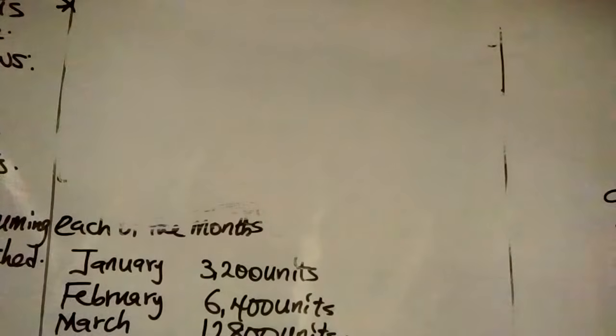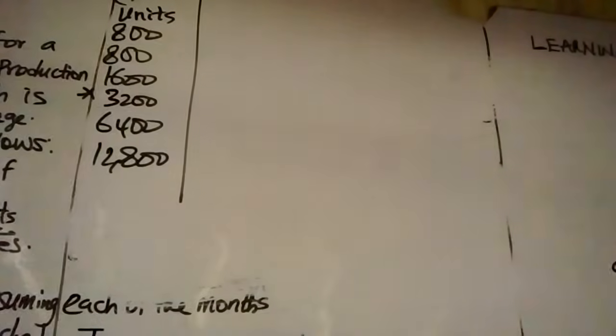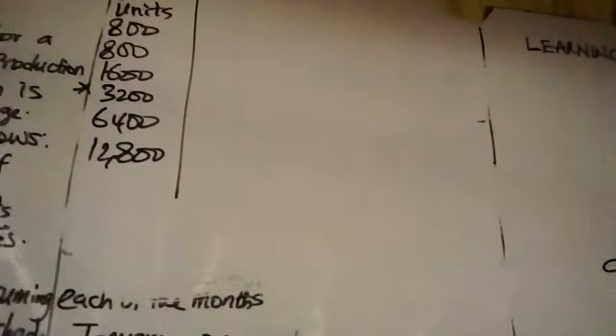So January 3,200, February 6,400, and March 12,800. Then cumulative time.